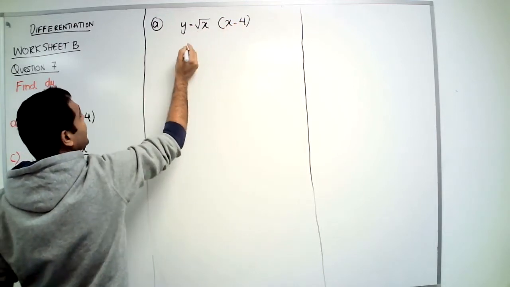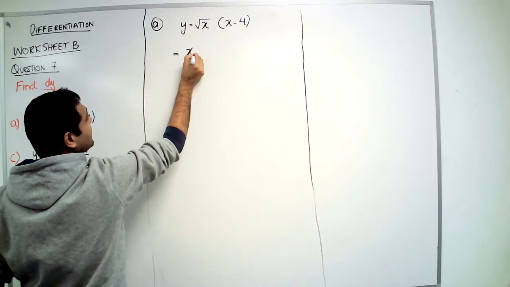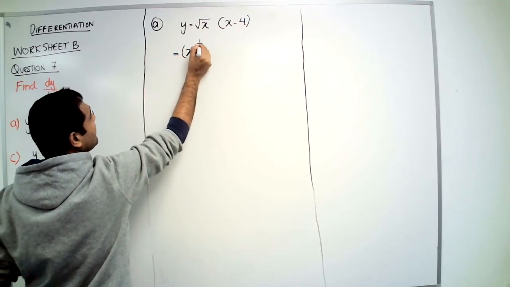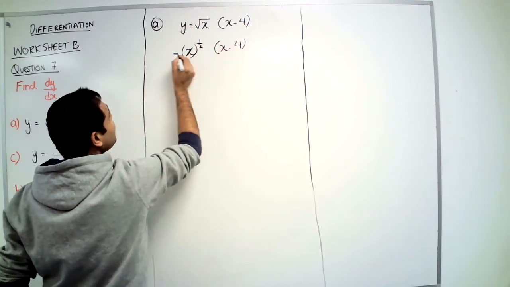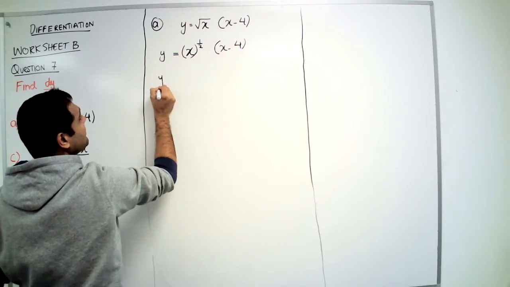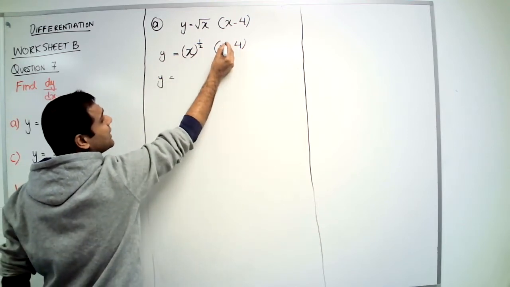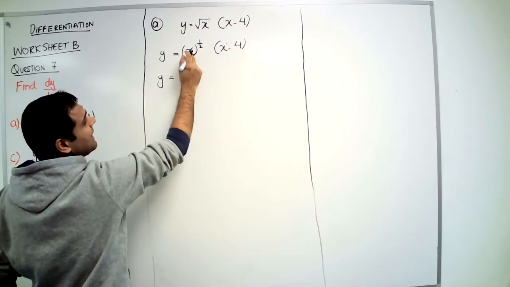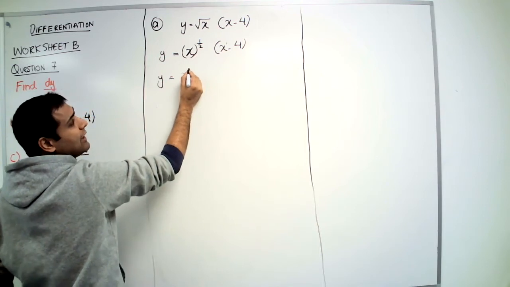First thing is this thing. We need to actually get that one sorted. This is x to the power half, because square root is x to the power half. X minus 4. I haven't started differentiating yet. I'm simplifying it first. Now you need to multiply inside. This is 1. So when you multiply x to the half with that one, that becomes x to the 1.5.